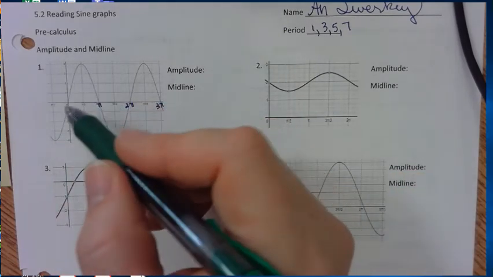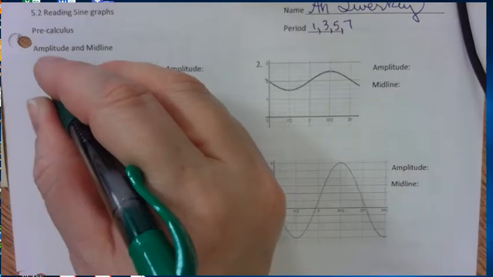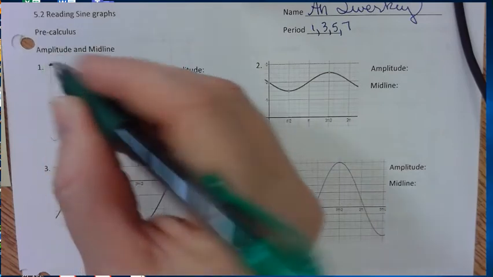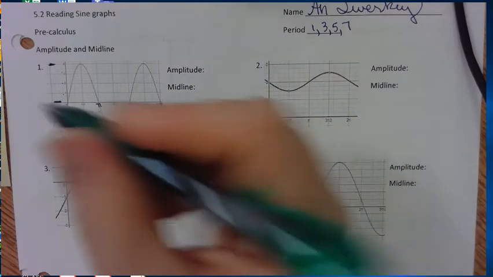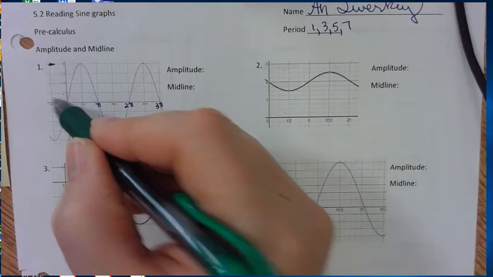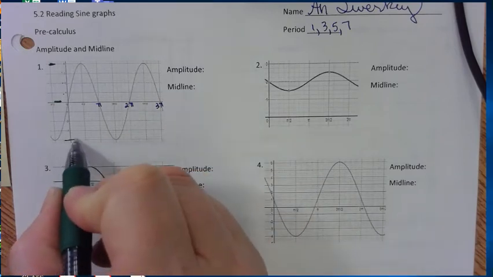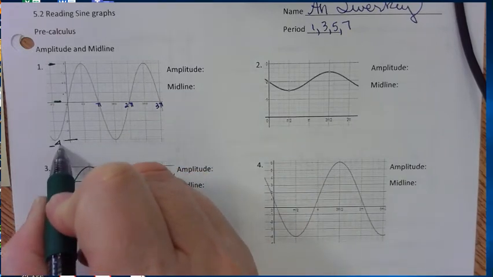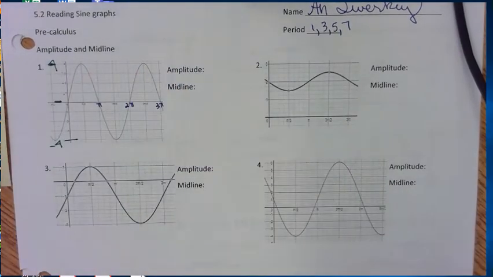We learned what the amplitude was, and the amplitude is the distance from the midline to the top or to the bottom, so a max or a min, and each one of these lines is 1 unit. I made this one so the bottom of it is at -4, and the top of it is at +4.